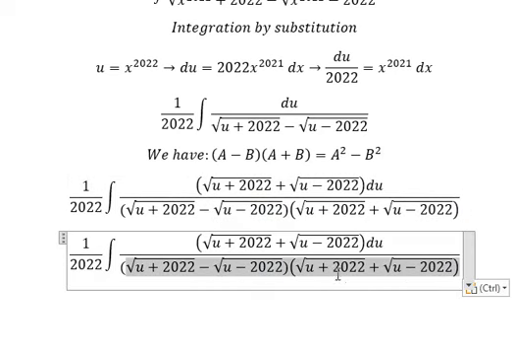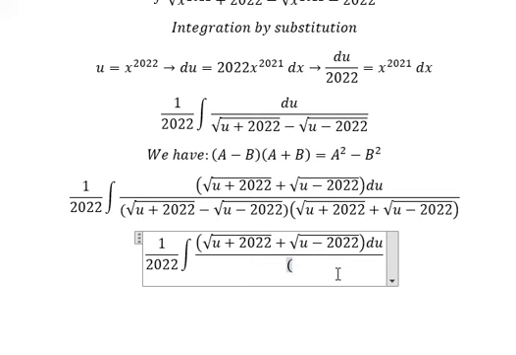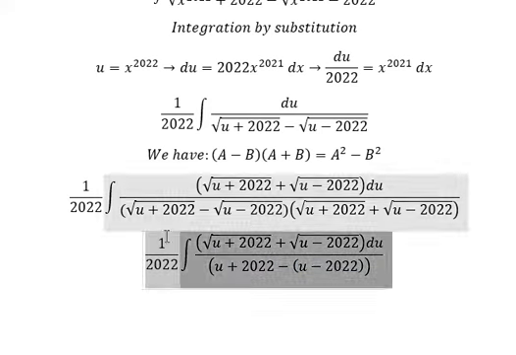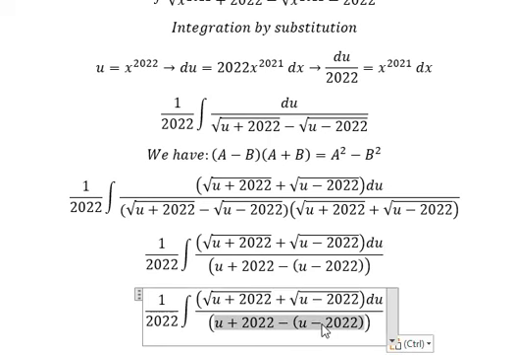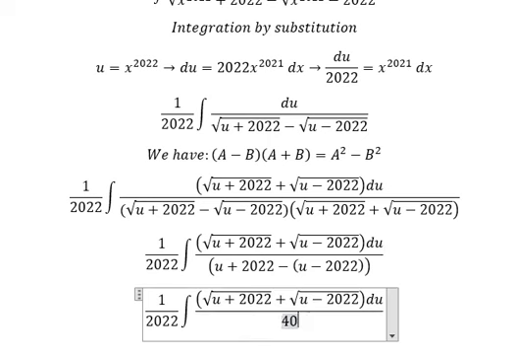So this one we simplify, and we have u plus 2022 minus u minus 2022. If we simplify the denominator, we have 4044.